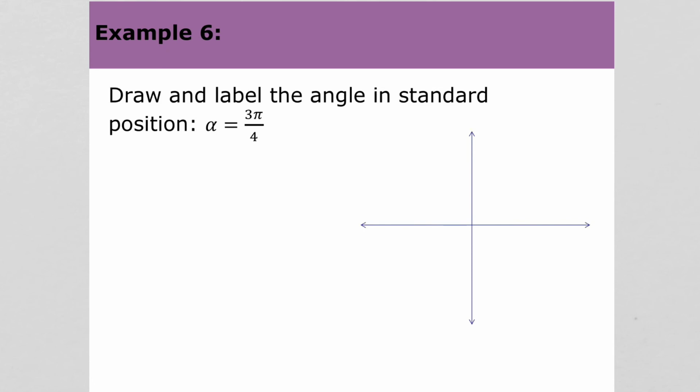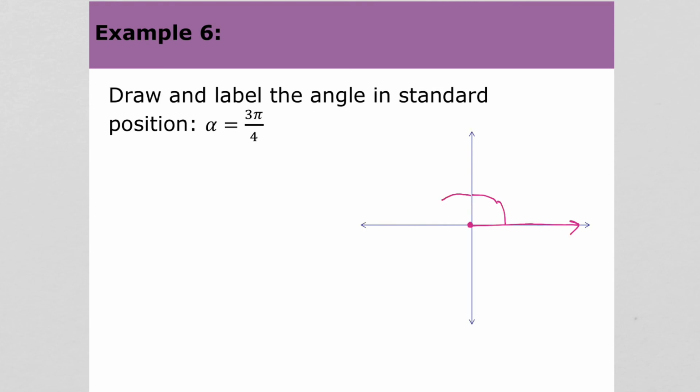Three pi over 4. Where would that be? Okay, again, put your vertex at the origin and your initial side along the positive x-axis. So 1 pi over 4 would go and stop right there. 2 pi over 4 would get us to pi over 2. 2 pi over 4 reduces to pi over 2.